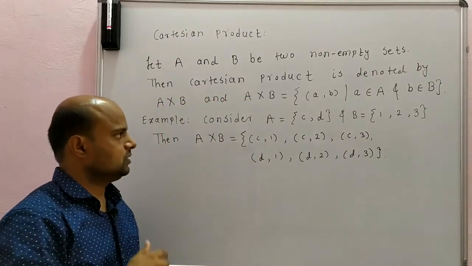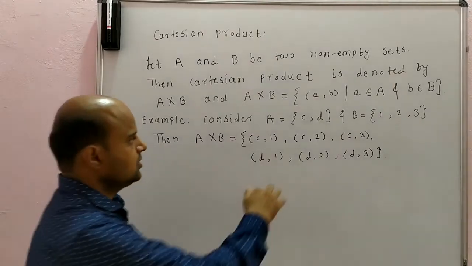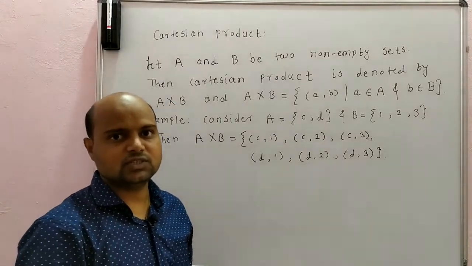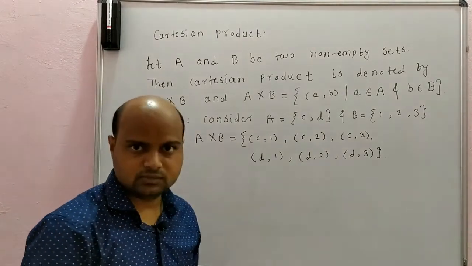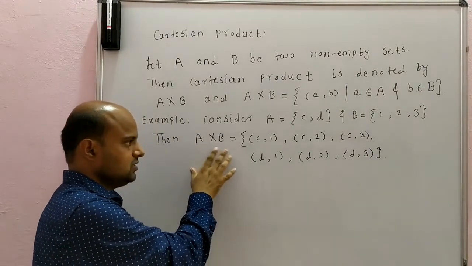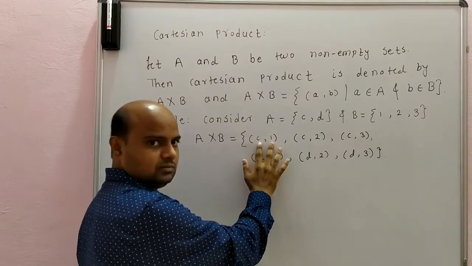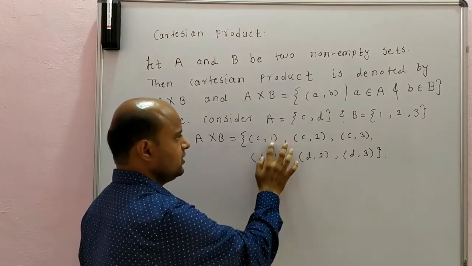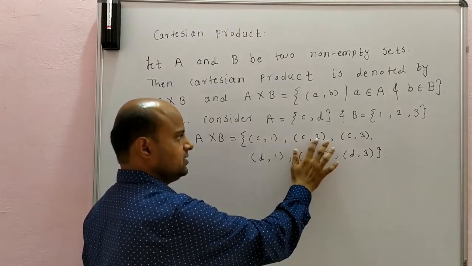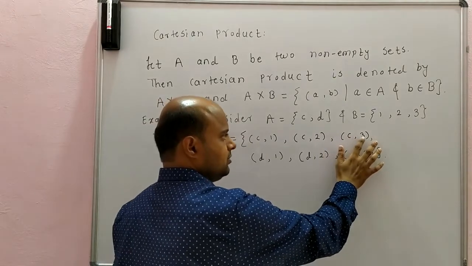So here we have capital A, a set which consists of C and D, and capital B, a set which consists of 1, 2, 3. Then the Cartesian product of A and B is a set. You can see C comma 1, C is from A, 1 is from B. We will continue with C, second element of B is 2, C comma third element 3.